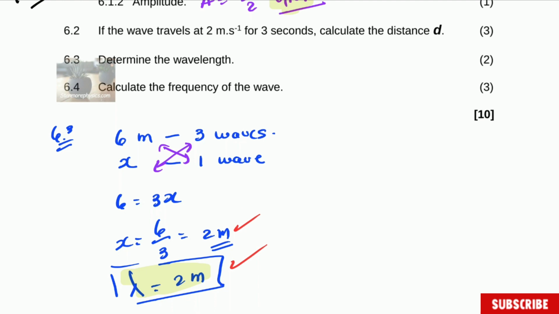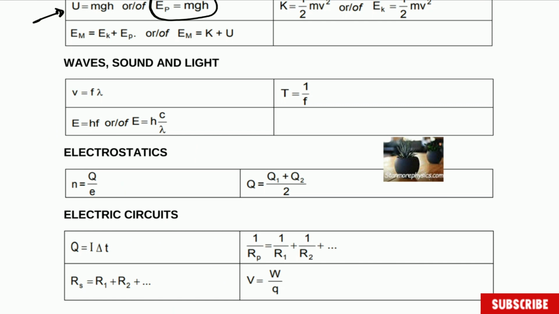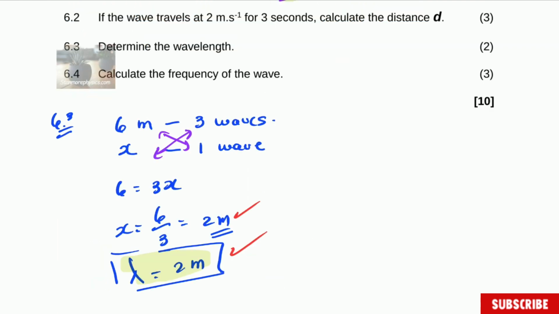And then calculate the frequency of the wave. Look here, we have 2 formulas that we can use to calculate frequency. This one is very simple. This is question 6.4. What do we know?